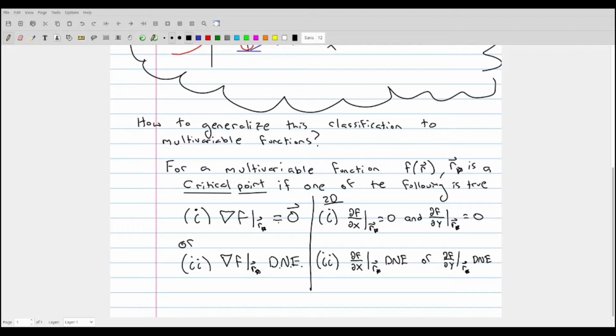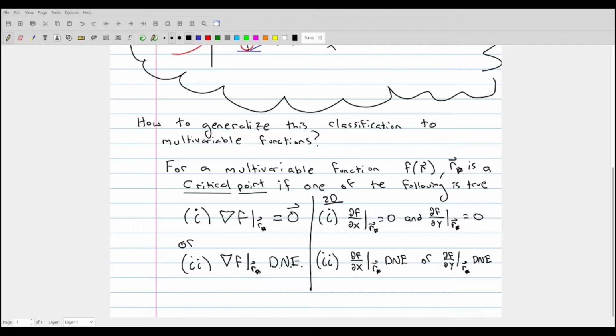So the idea is that the method of computing critical points for a function, just like in the single variable case, ends up being a matter of solving equations that guarantee that this is true at a given point.